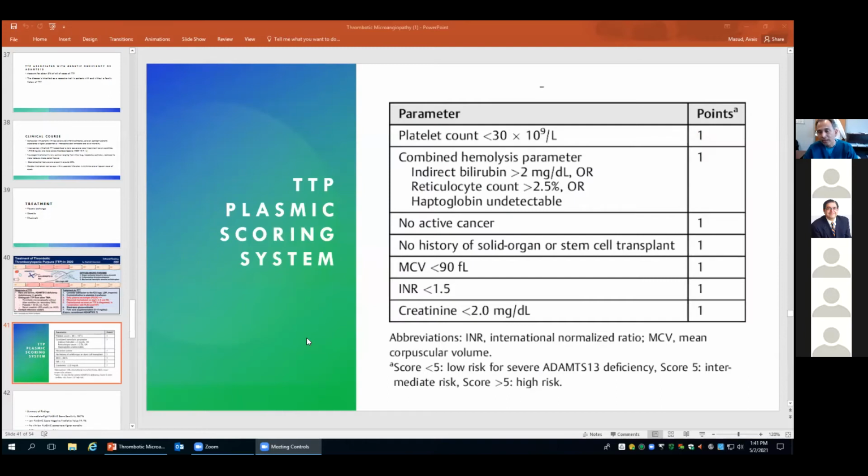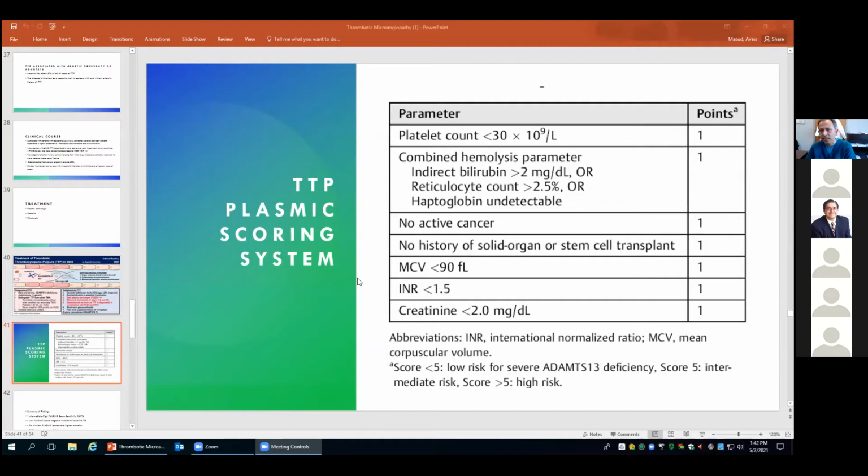Many times it takes time before the ADAMTS13 activity level comes back, after a few days, but you don't have time to decide. So there is the PLASMIC scoring system that was developed a few years ago, and it gives you an idea of what you're dealing with, whether this is TTP or not TTP.